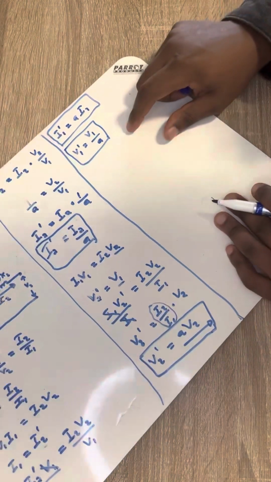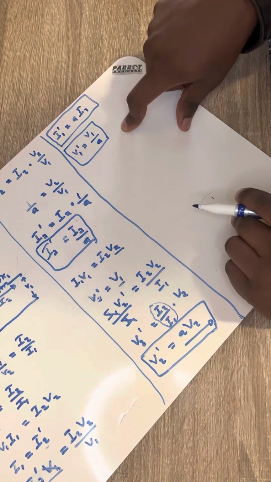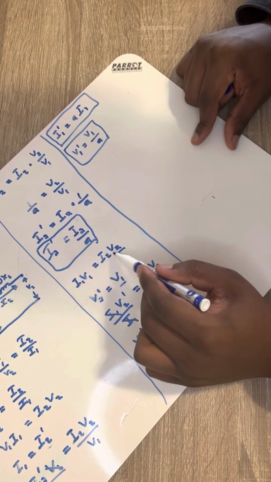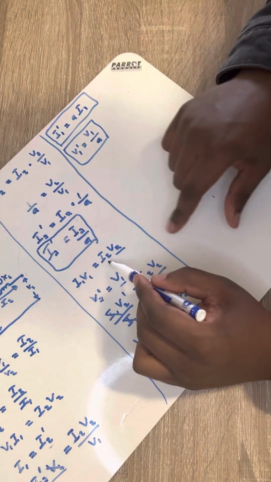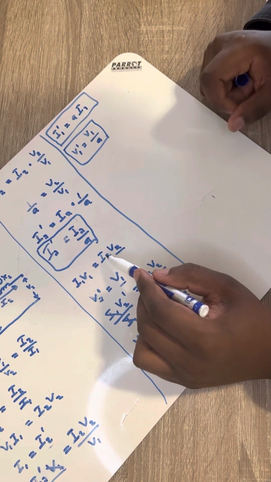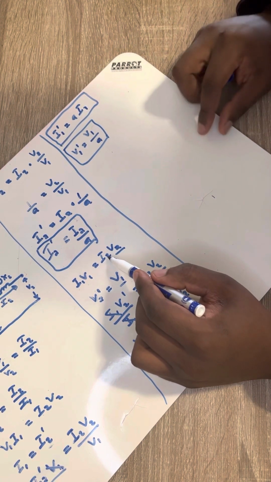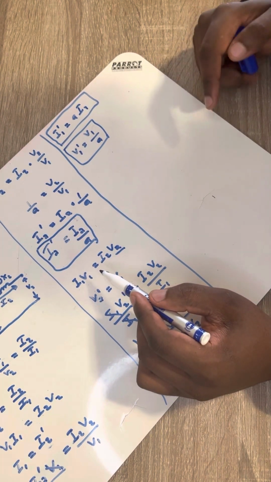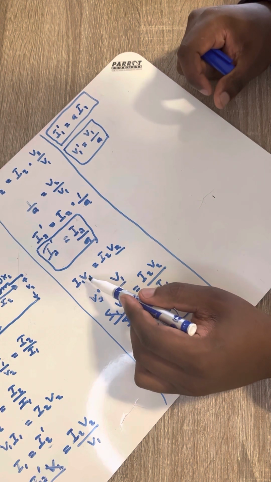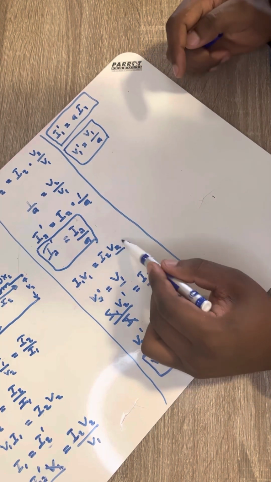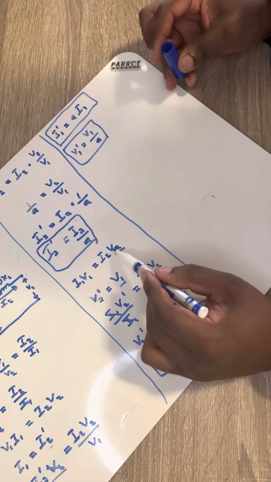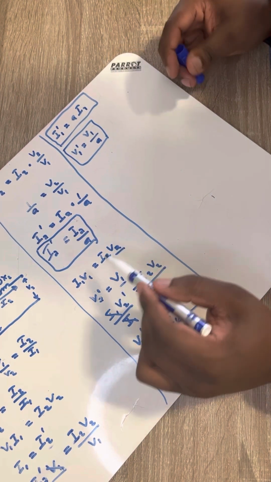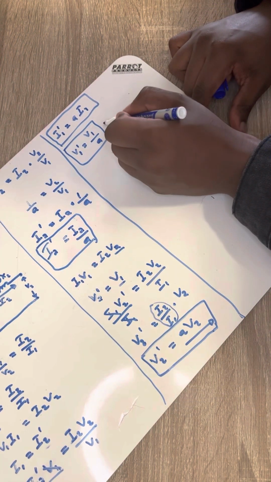It's the same calculations, you just substitute I1 prime in the place of I2. If you want to refer V1 to the secondary side, you just substitute V1 prime for the V2 component, right? Then you calculate and you will come up with these two formulas.